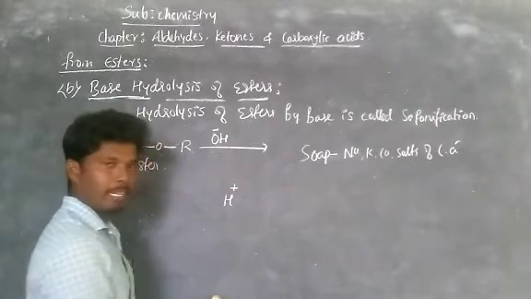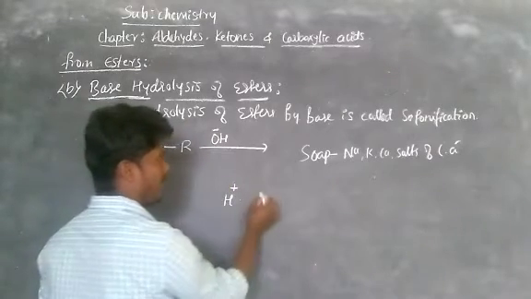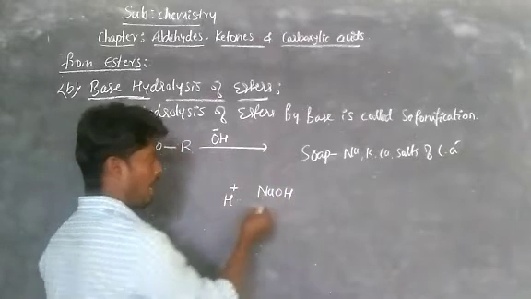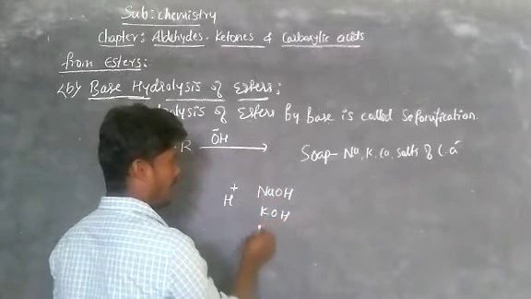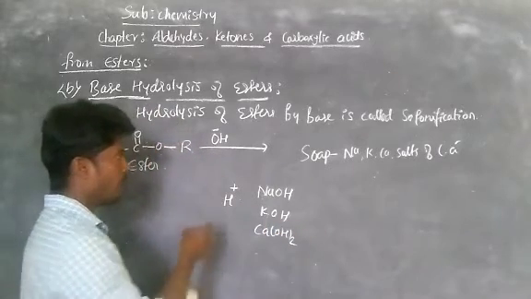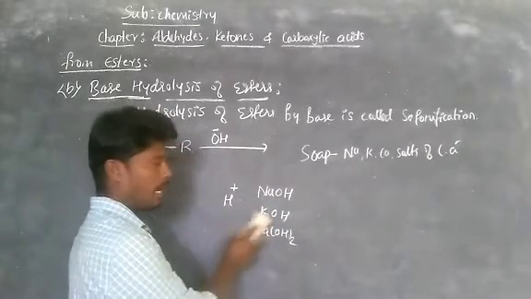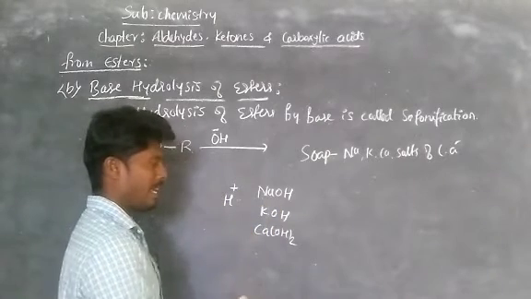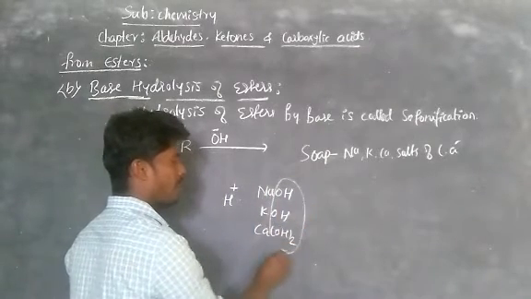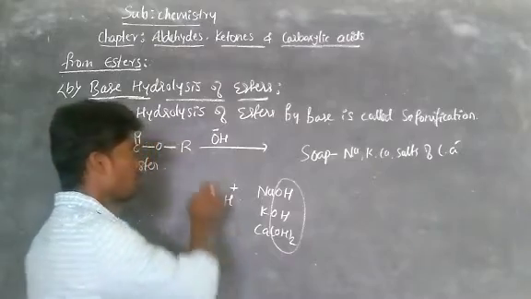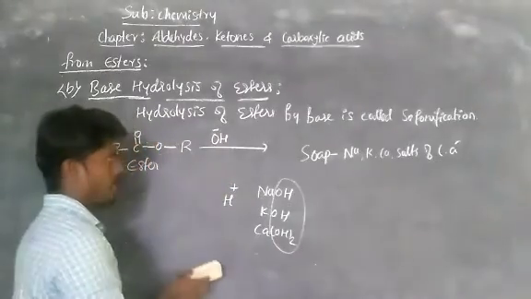Here H plus is the acid ion, and the base is NaOH, or take KOH, or calcium hydroxide. These are some bases. If you get confused, take the complete base NaOH, or take the OH minus ion. In all these cases the common ion is OH minus, which behaves as the basic ion, so we take base OH minus.